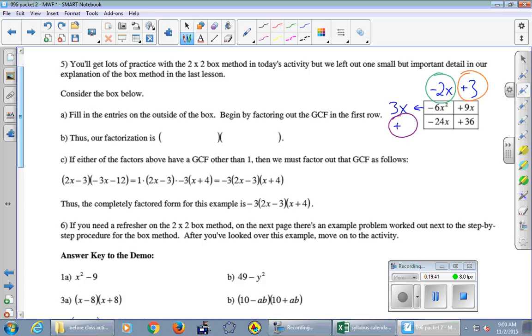Plus 12. Sounds good. And then just to make sure everything is okay, we check the bottom right. Plus 3 times the plus 12, does it work? Yes, okay, so everything worked out here. And so if we're just writing in our factors, I've already got the parentheses in part B. So looking on the outside, we go 3x plus 12, and then across the top, negative 2x plus 3.